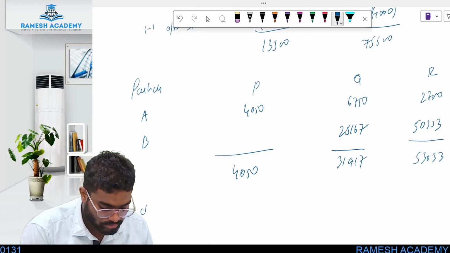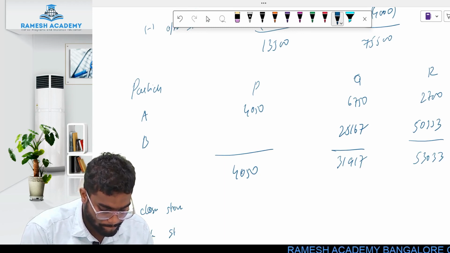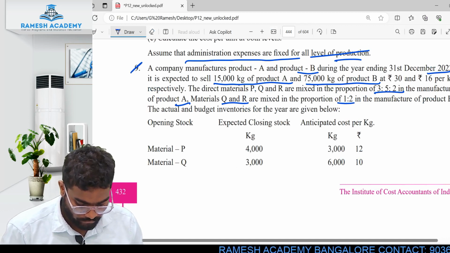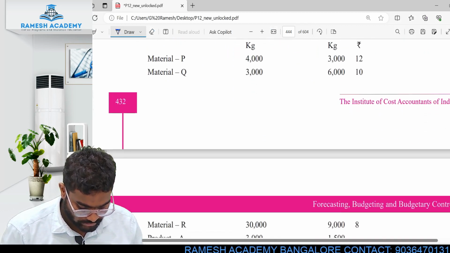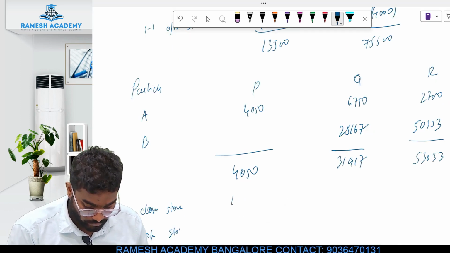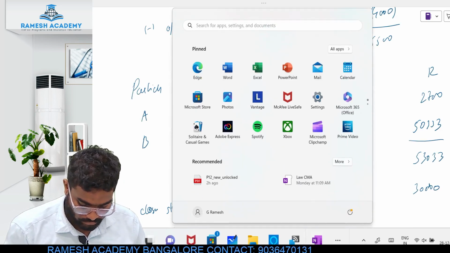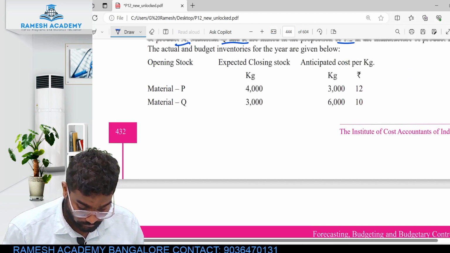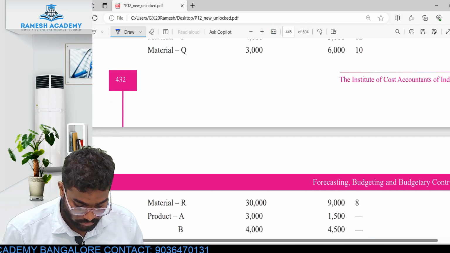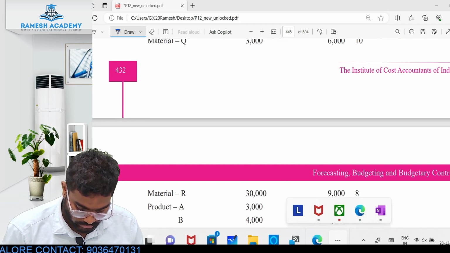Add the closing stock to this and subtract the opening stock, that's it. It will be given in the question. The opening stock is 3,000, sorry, this is the opening. The anticipated closing stock is 369.